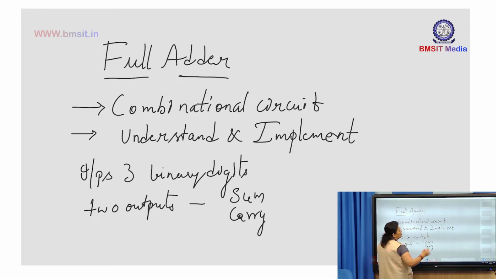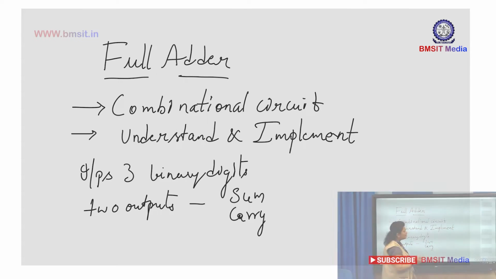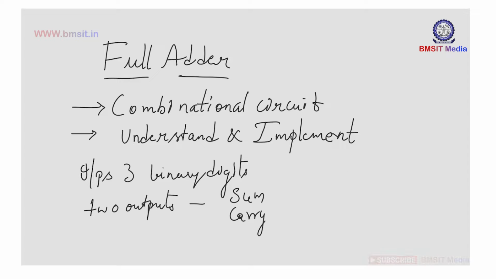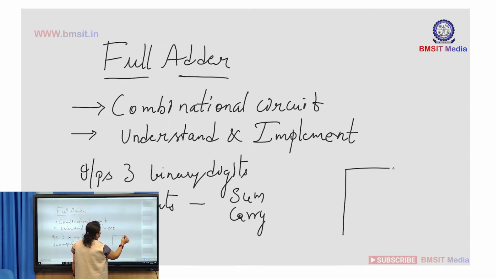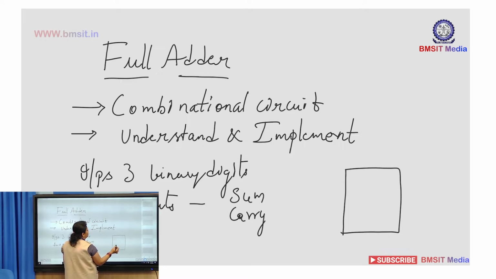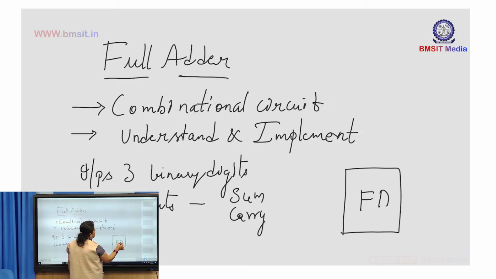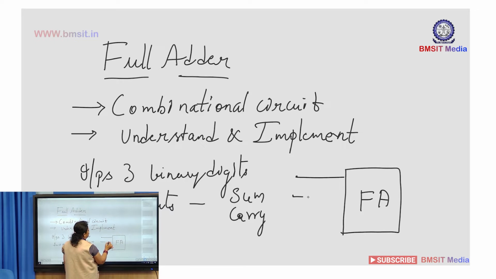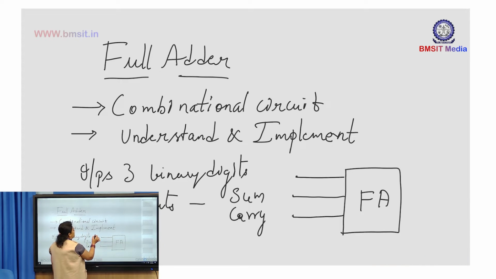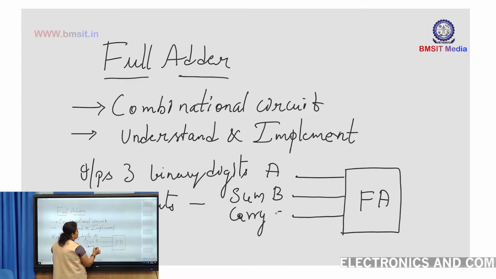Now if I want to represent this full adder, I can represent it in this way. This is the full adder. In short, let me denote that as FA. It has three inputs. Let me designate the first input as A, the second input as B, and the third input as C in.